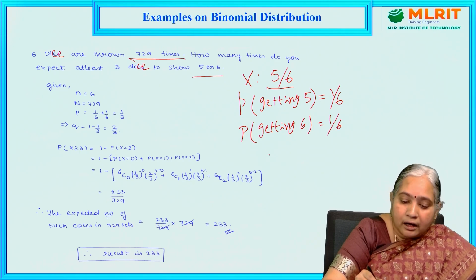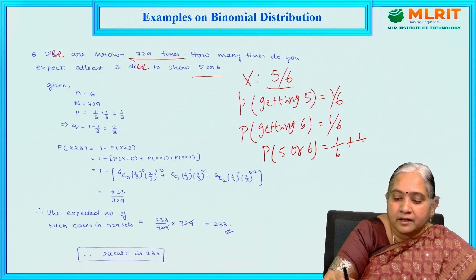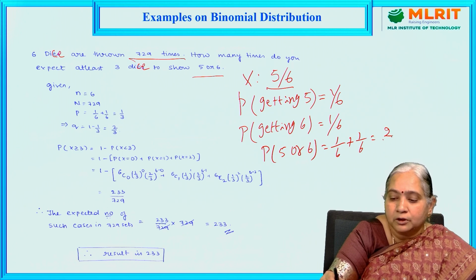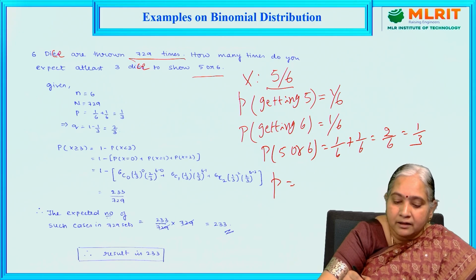So probability of 5 or 6 is 1 by 6 plus 1 by 6, which is equal to 2 by 6, means 1 by 3. So this is probability of success, which is denoted by small letter p, and which is 1 by 3.